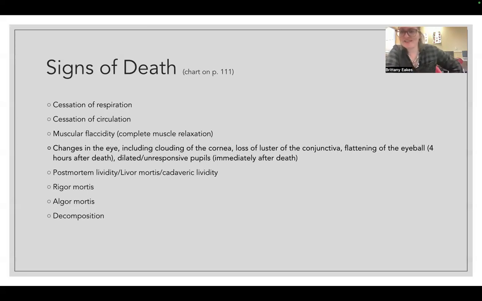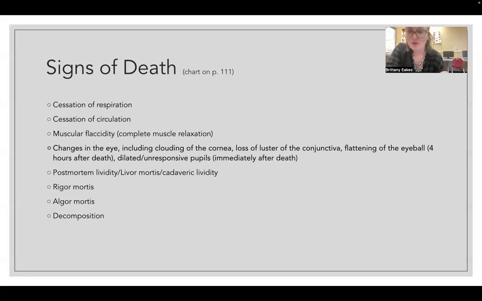But if a person dies in the prone position, face down, that livor mortis can pose an issue if time passes enough for it to turn into postmortem stain, which is extravascular, whereas livor mortis is actually inside of the blood system, so we can remove it through the injection of chemicals.